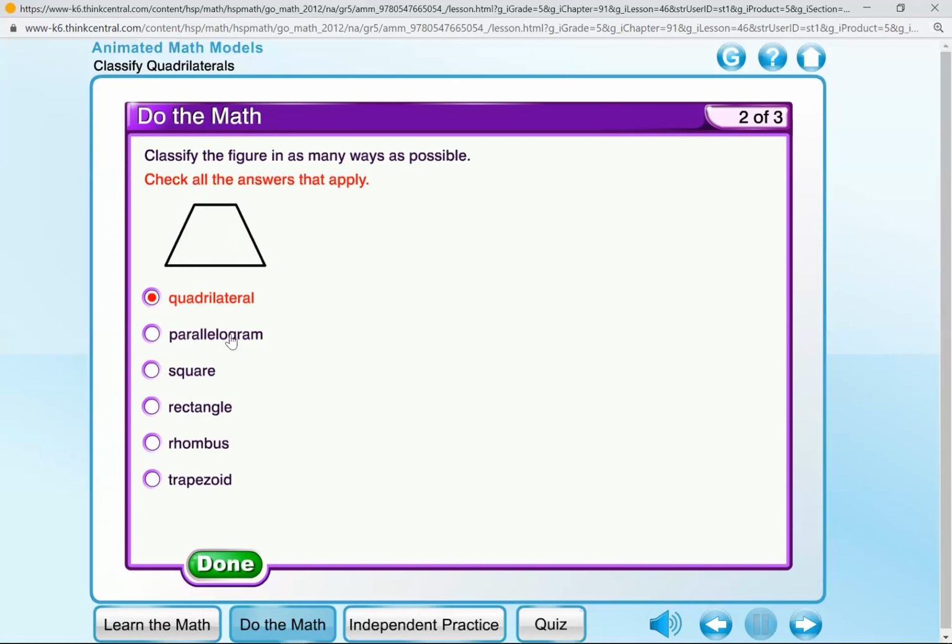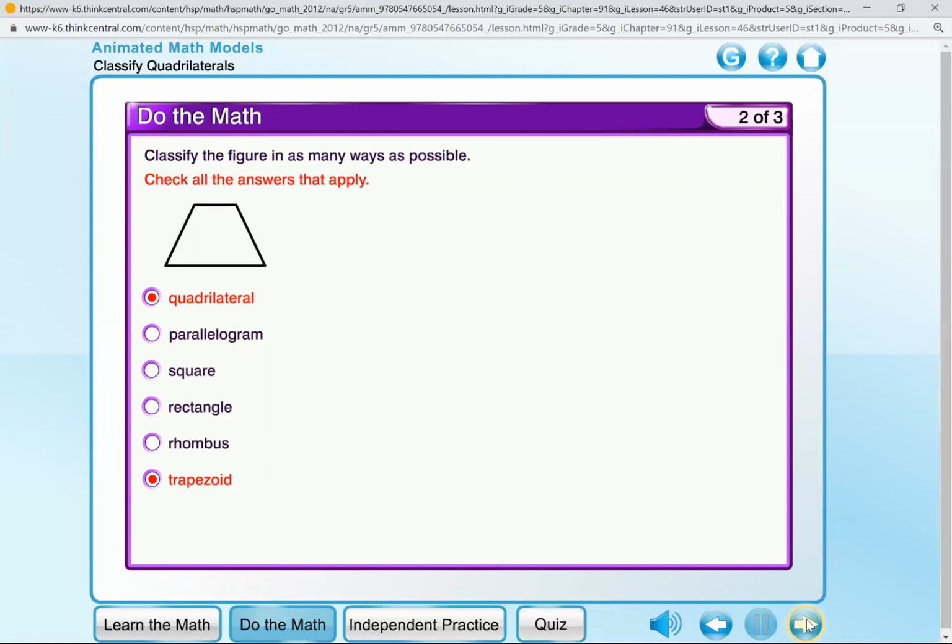They'll eventually meet, not you. Square, right angles, nope. Rectangle, definitely not. Rhombus, every side is equal. That one's definitely smaller. Trapezoid, yeah. A trapezoid has at least one pair, and there is at least one pair. That's right.